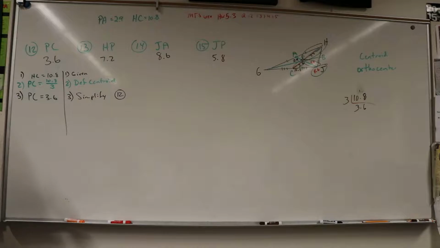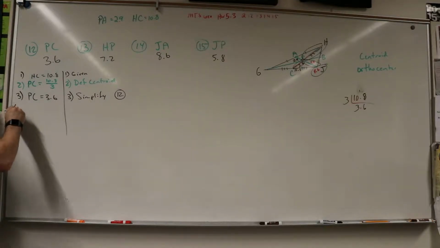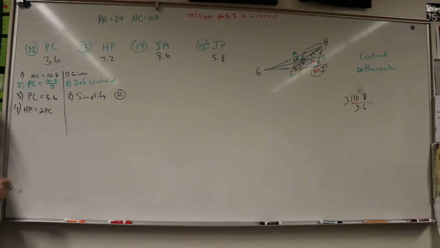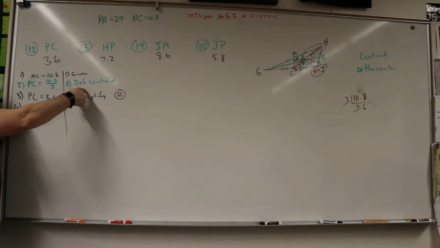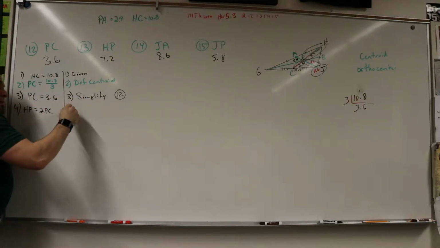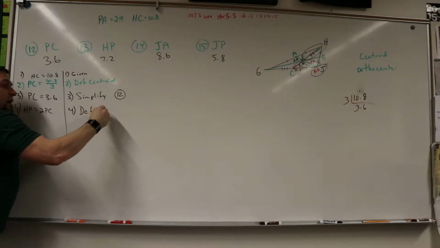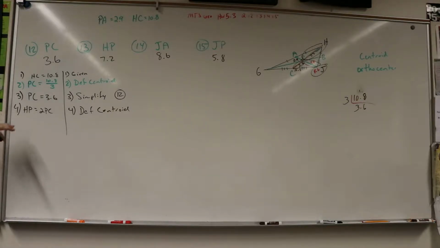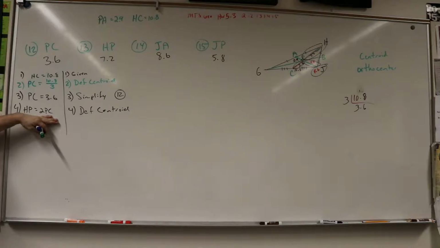So I know that HP is equal to 2 PC. Why do I know that? Definition of a centroid. That tells me that HP is 2 PCs.